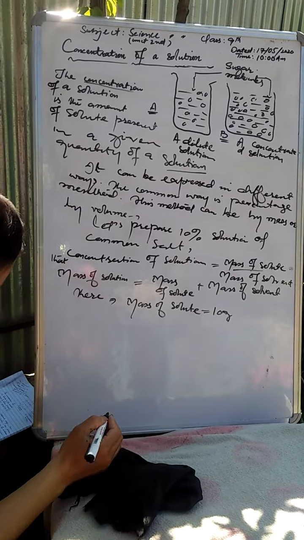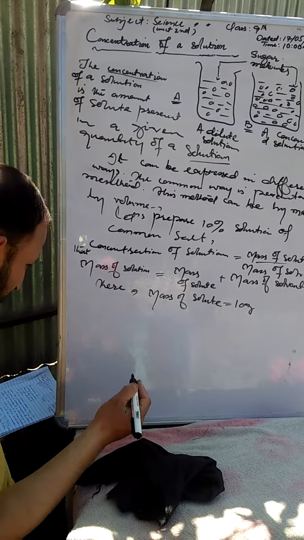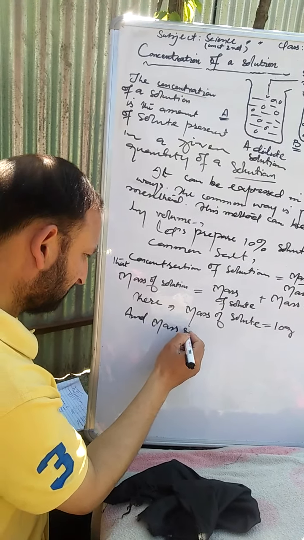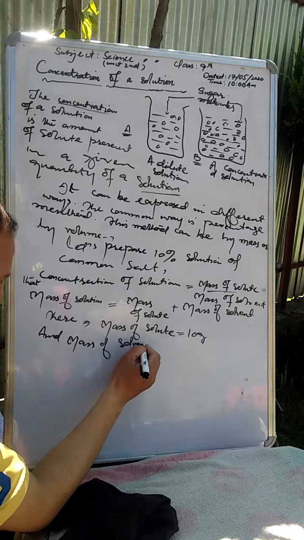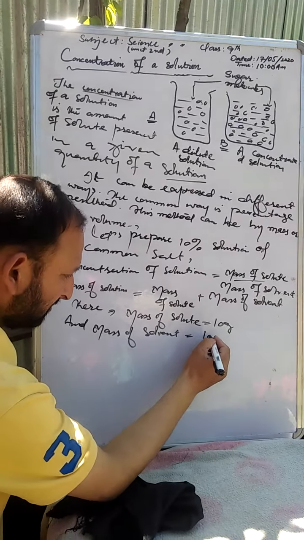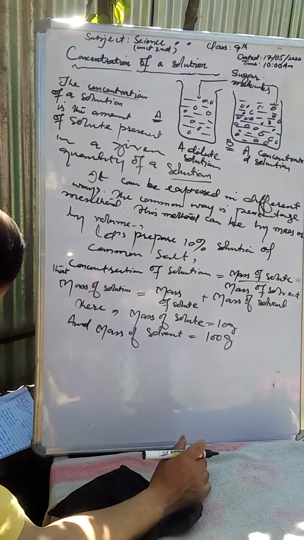So mass of solution is equal to mass of solute plus mass of solvent. The mass of solute is 10 grams and the mass of solvent is 90 grams, so it is equal to 100 grams.